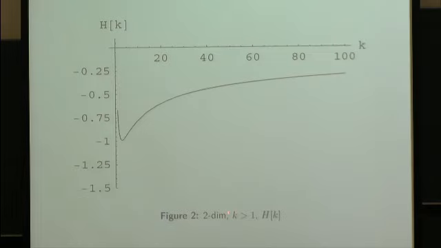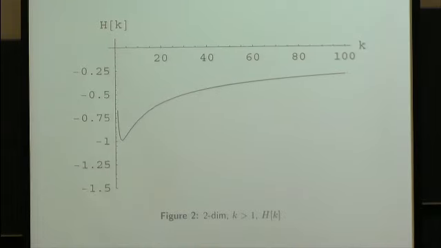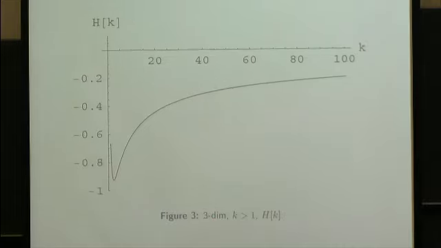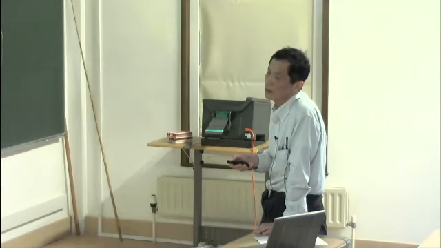Always, if k is larger than 1, hk is negative. So this is the graph of hk. The first graph is the graph of hk for k larger than 1, for the two-dimensional case. And this next graph is also the graph of hk for k larger than 1, for the three-dimensional case.